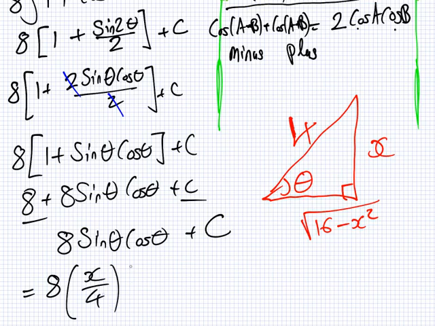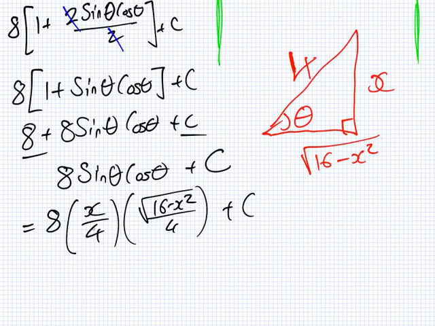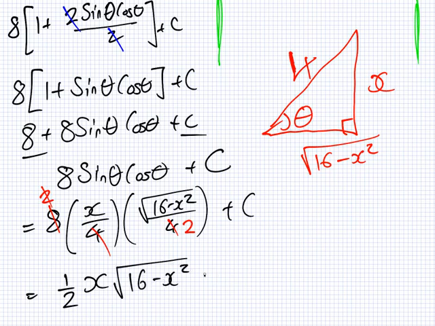And the cos of theta? The square root of 16 minus x squared over 4. Let's see, 4 goes into 8 twice. 2 goes into 2 once, and 2 goes into 4 twice. So this would be a half x root 16 minus x squared plus c.